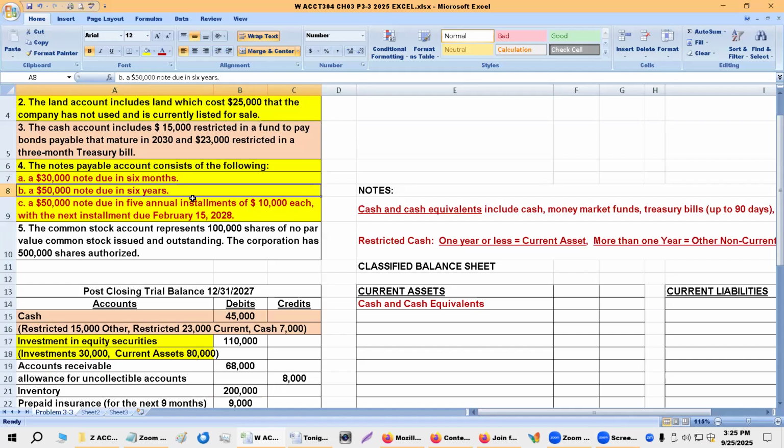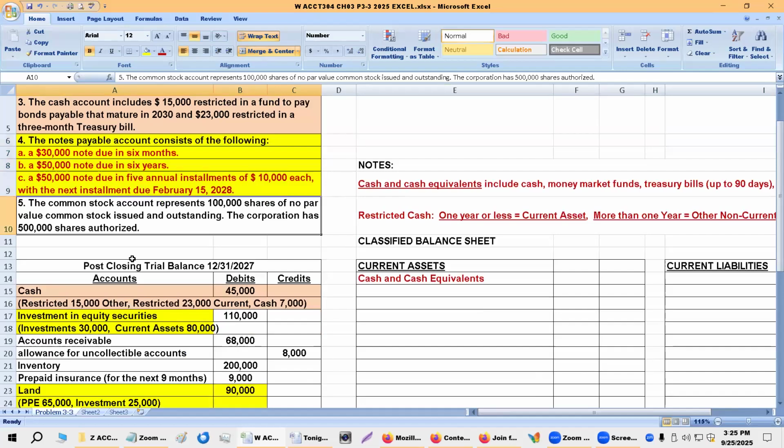Those are pretty easy. 50,000 is due in 5 annual payments of 10,000 each. So that means 10,000 is going to be current and 40,000 is going to be long term. I'm going to wait and do this when we come to the notes payable, where we'll do a little simple exercise. Okay.